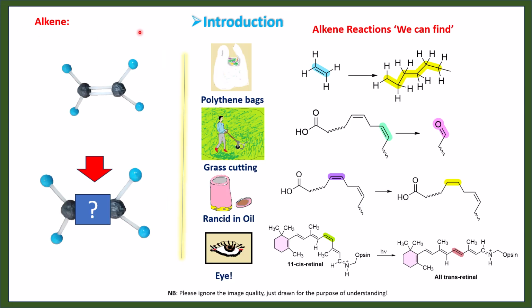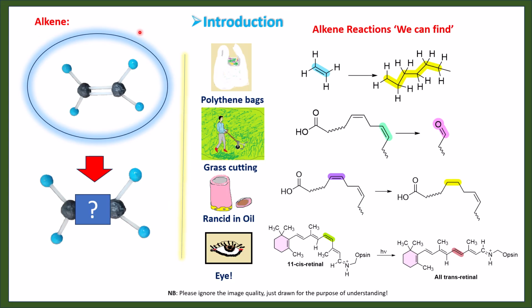Now, what is alkene? A chemical compound having a double bond is called alkene, and by alkene reactions we mean the conversion of this double bond to other functionalities. We can correlate different alkene reactions to our surroundings. We use the polythene bag, which is from polymerization of alkene. When grass is cut in the field, we can smell a distinct smell of a volatile aldehyde, which comes from the fatty acid present in the grass.